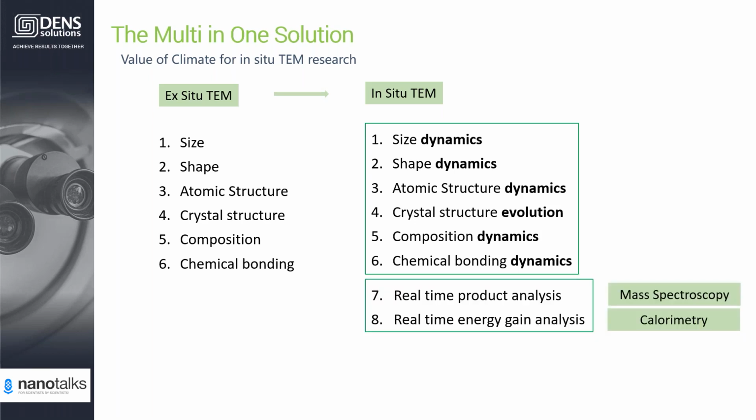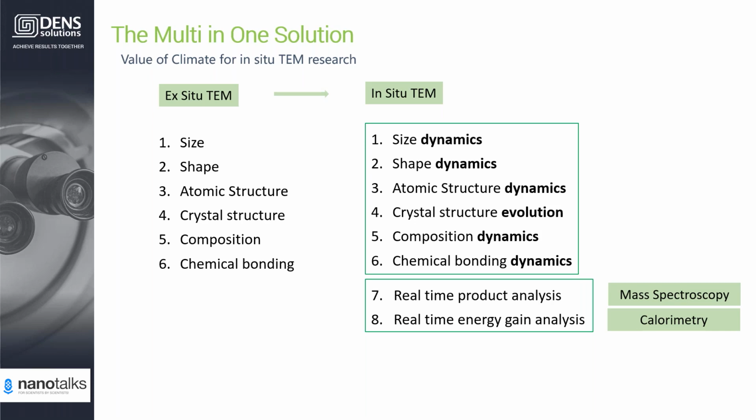Recently, we also bring in the real-time gas composition before and after reaction by mass spectroscopy, and the energy gain analysis involved in endo- or exothermic reactions in the process by our built-in calorimetry in the nanoreactor.